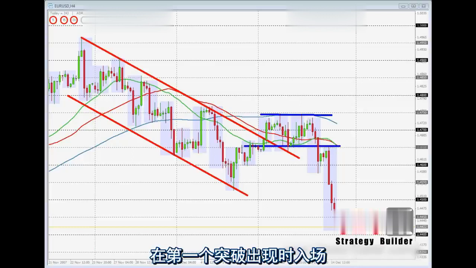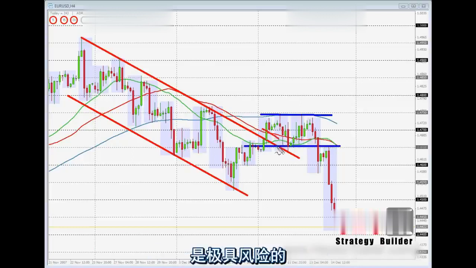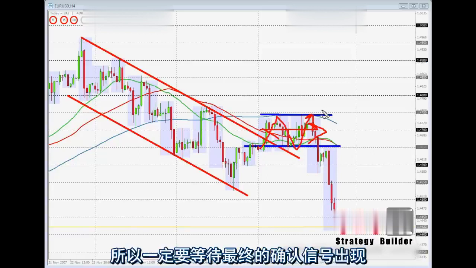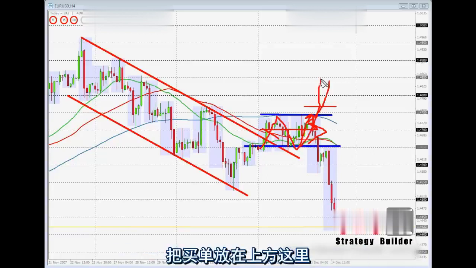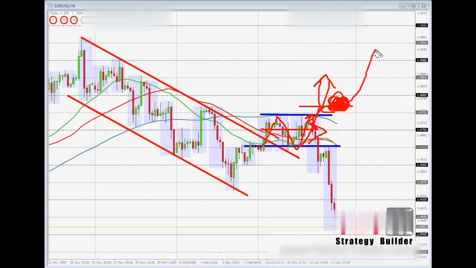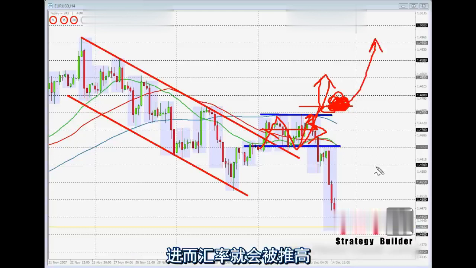Trading the fast breakout is always very risky because you don't know whether the breakout is actually a strong breakout, or it's just basically a half-assed breakout, such as we've seen in this case. What you want to do is wait for the actual confirmation and place your buy order there, and if the continuation actually takes place, you know that there will be many bulls, many buy stop orders around this area, pushing price in your direction.